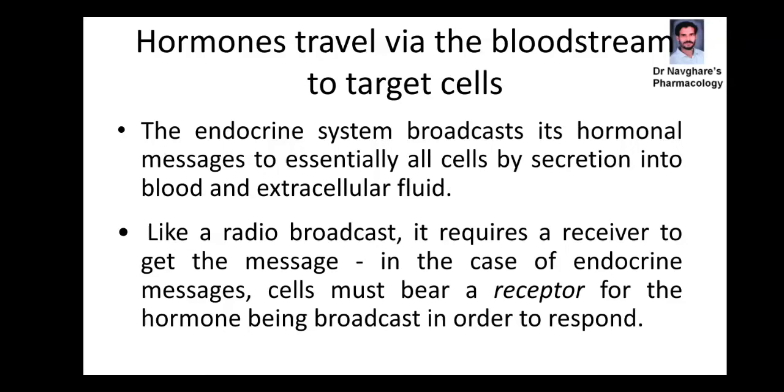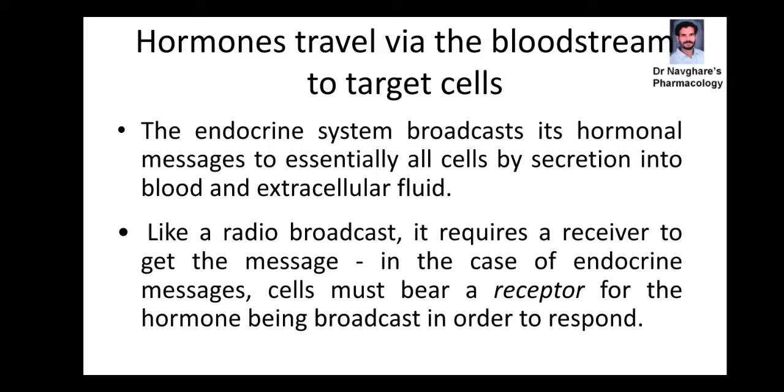Hormones travel via the bloodstream towards the target cells. The endocrine system broadcasts its hormonal message to essentially all cells by secretion into blood and extracellular fluids. Like a radio broadcast, it requires a receiver to get the message.